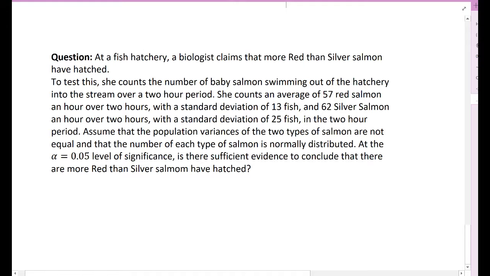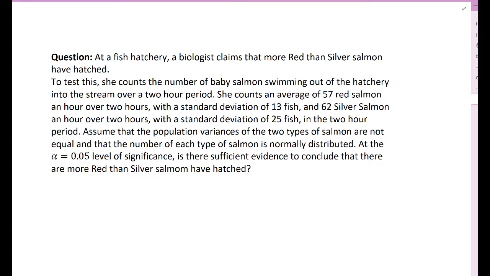Assume the population variances of the two types of salmon are not equal and that the number of each type of salmon is normally distributed. At the 0.05 level of significance, is there sufficient evidence to conclude that there are more red than silver salmon that have hatched?